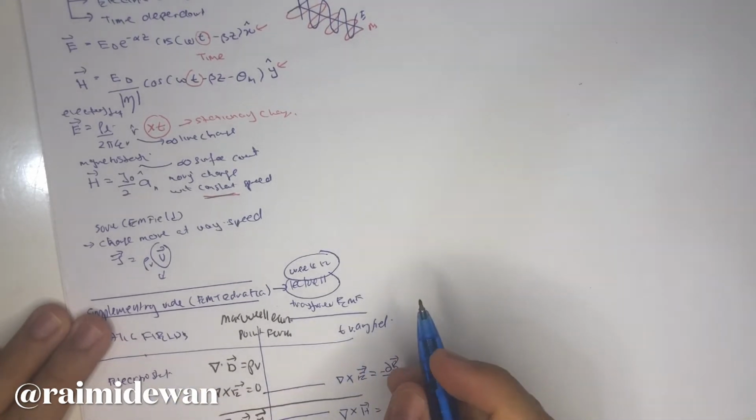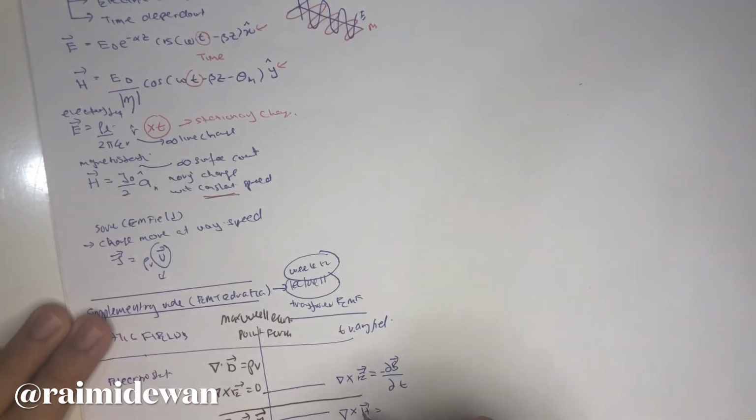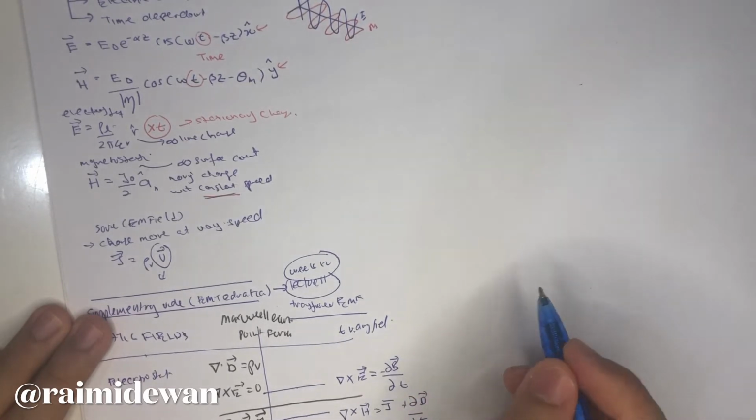You have the same equation. So for the magnetostatic, what differs is that you're going to have also a time element. This is the differentiation of your d over dt. So this is your displacement.